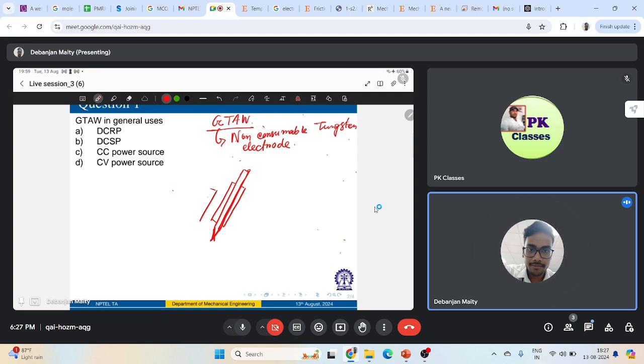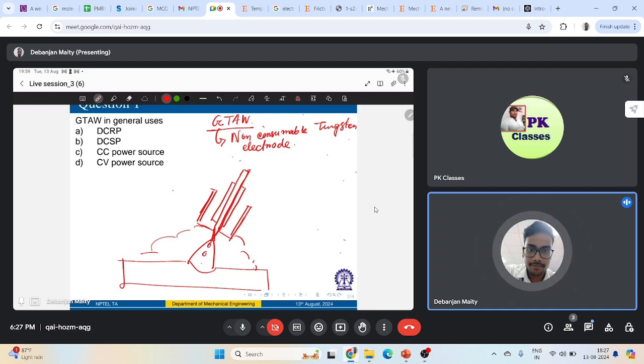There will be this shielding gas nozzle, something like this. I'll be producing an arc, and then there will be these metal droplets. I can use some filler rods also, and this is my shielding gas. Right?